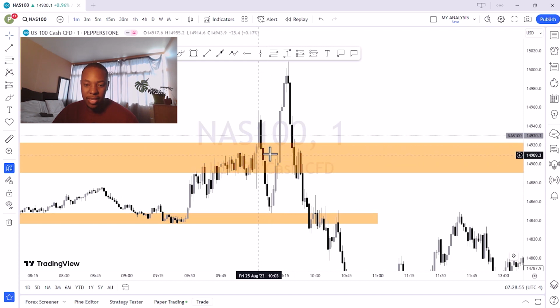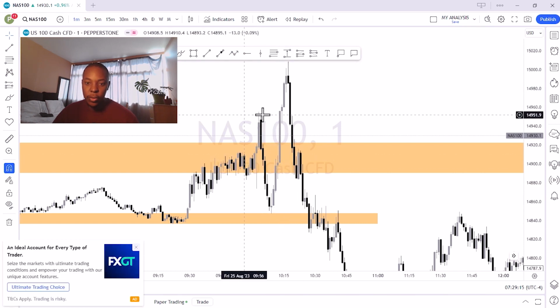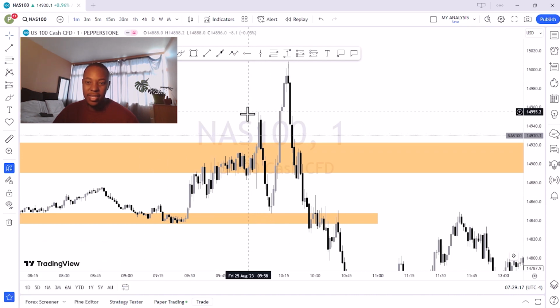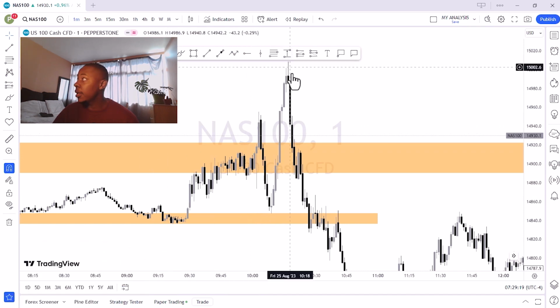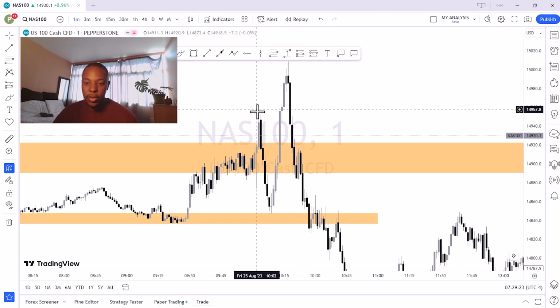And then when it did that, I just locked my profits, broke even, just in case the market decides to go the other way, which it did, went up, triggered my SL with break even, and then it shot up, as you can see, went to take out the sell side, and then went to take out the buy side liquidity here.